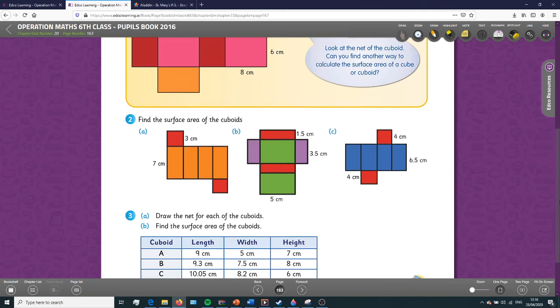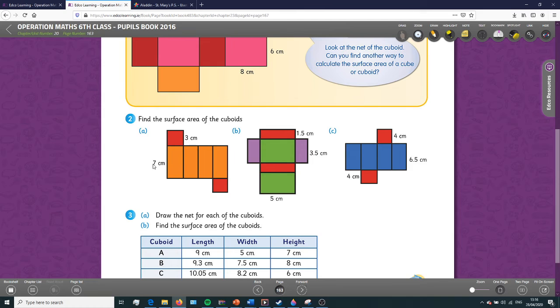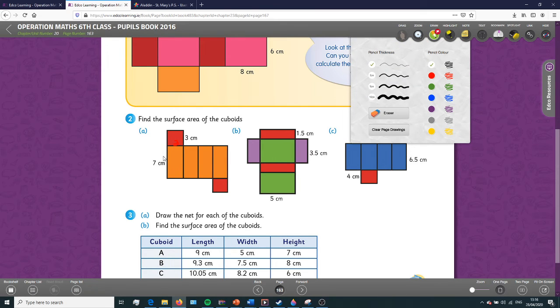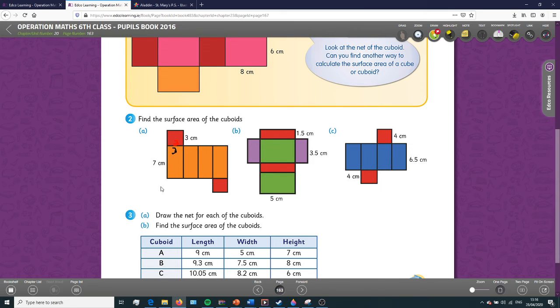So let's take a quick look at this one here. So what we're going to do is we're going to figure out number 2 together. Okay, so the rectangle is 3 across and 7, because if this is a square, this is 3 and this is 3. So let's write it in. So this is 3. Okay, so 3 times 7 is 21.